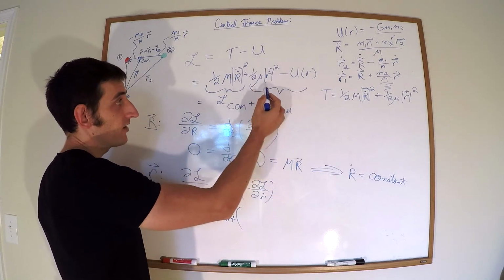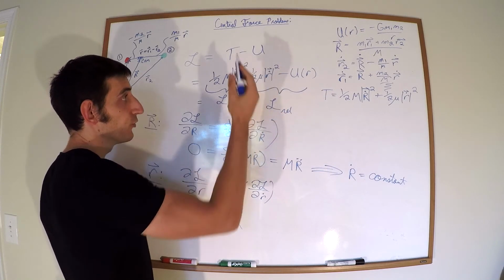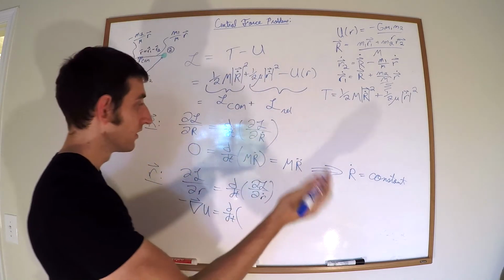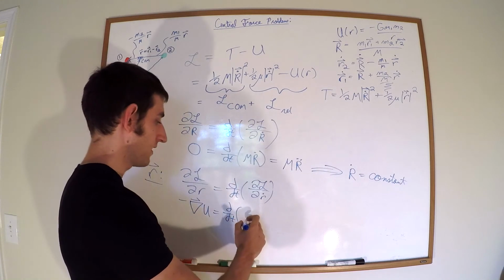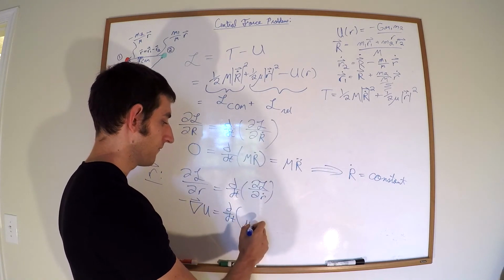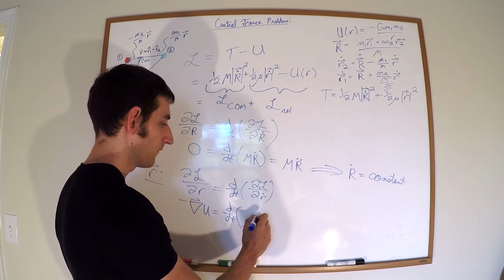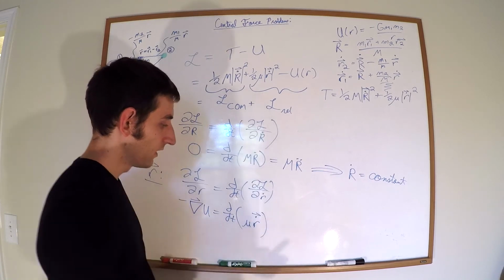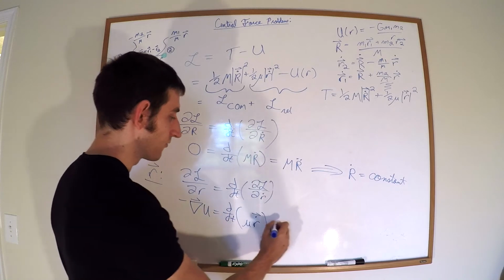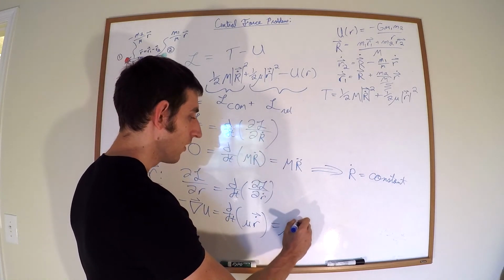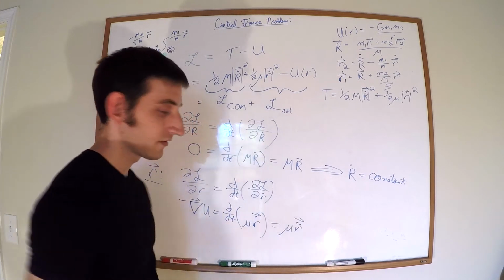This is the only term with r dot. 2 comes down, we get mu r dot. I'm going to drop the vector notation with that, or rather I'll keep it. It's not that bad. So we get r dot. And then we have to take the derivative, so we end up with mu r double dot.